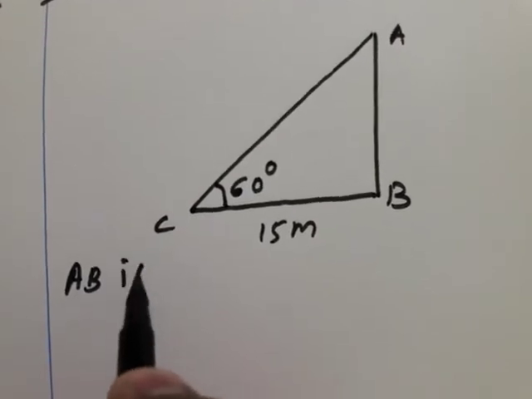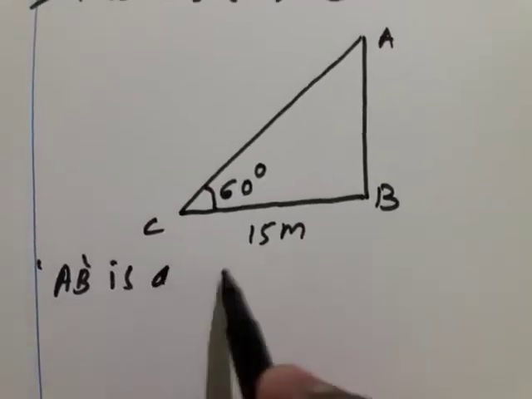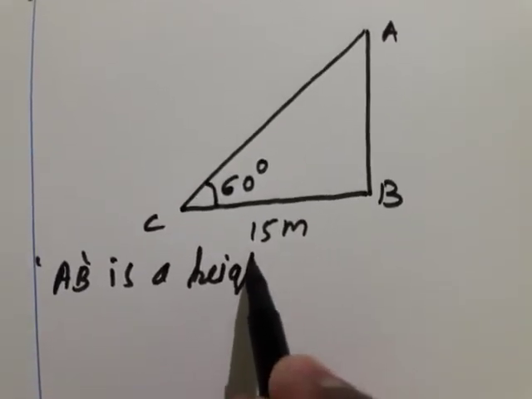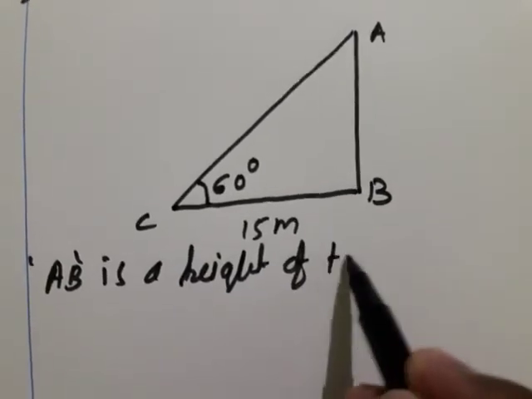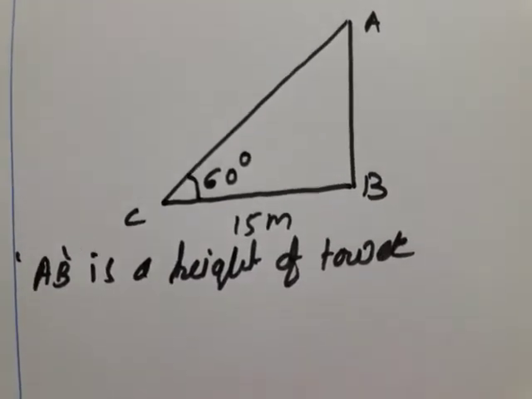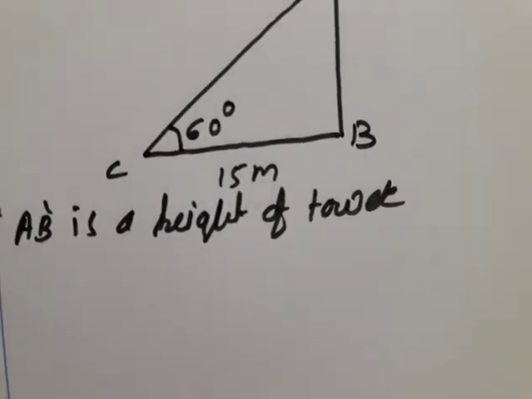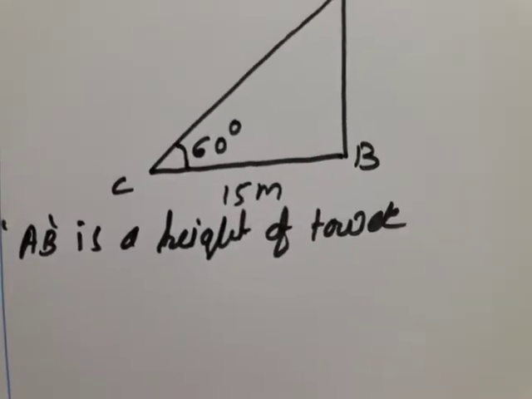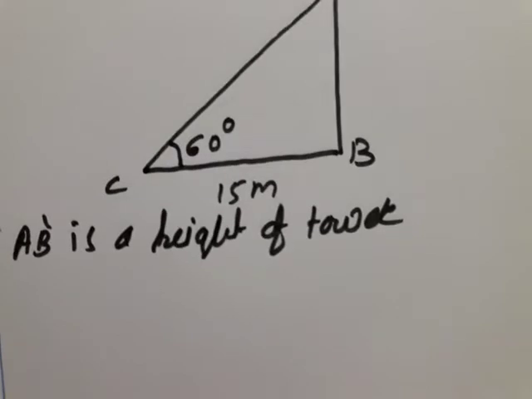AB is the height of the tower. BC is the distance of the point from the tower.